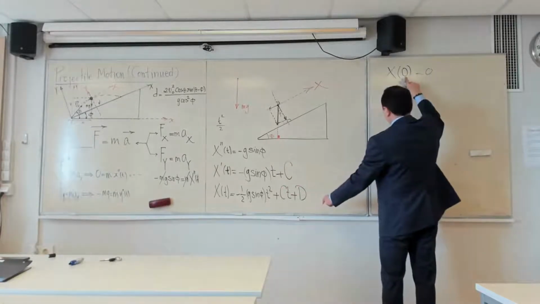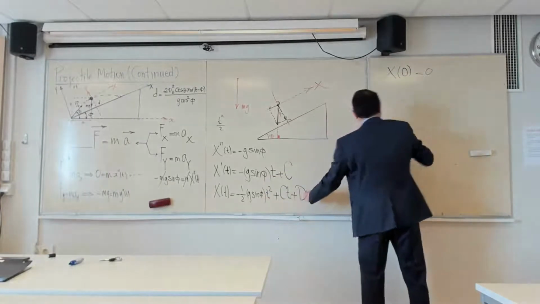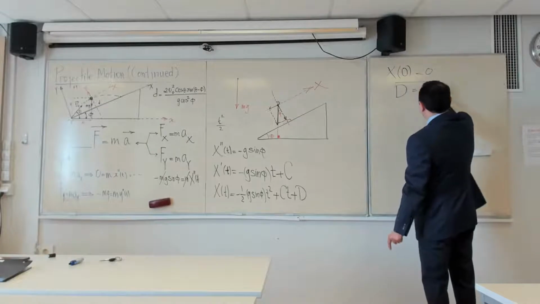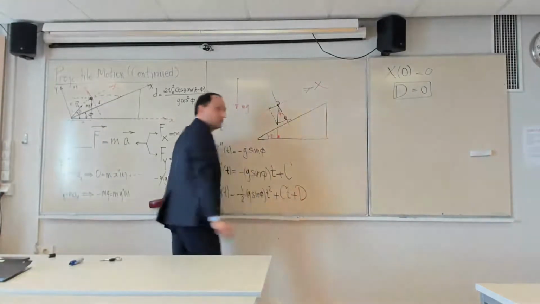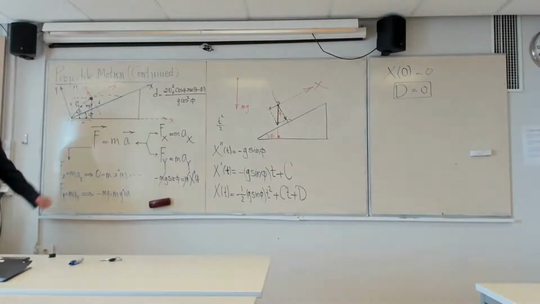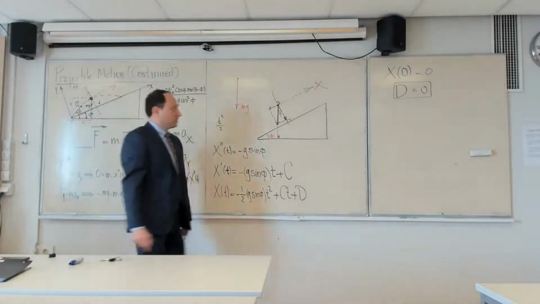When I put 0 instead of t, this is gone, d is left, equals to 0. So this means that d is 0, okay? So one of these constants is equal to 0. Okay, how can I fine-tune the other constant? I want to find c here. c is somehow related to initial velocity, yes?